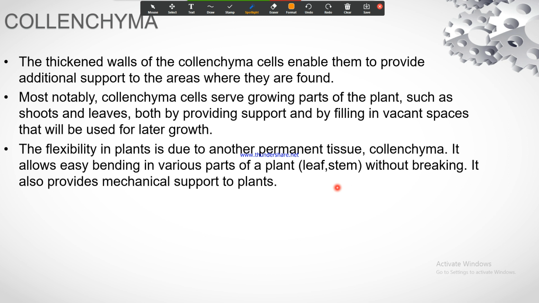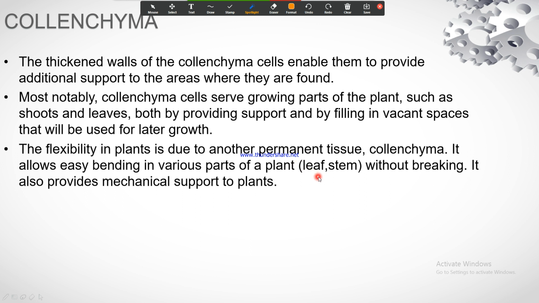That is because of this flexible tissue known as collenchyma. Just as our vertebral column gives flexibility to our body, collenchyma gives flexibility in the plant body, supporting the stem and leaves without breaking.